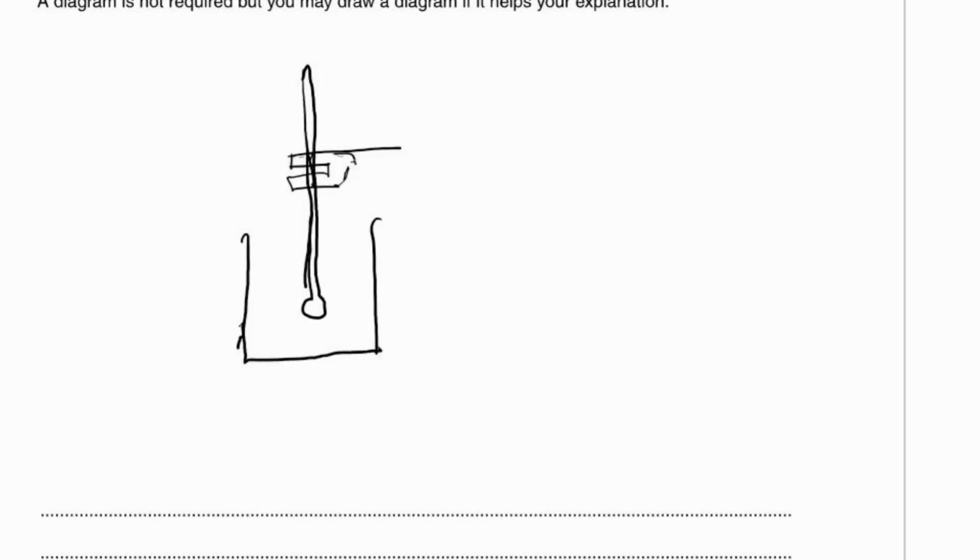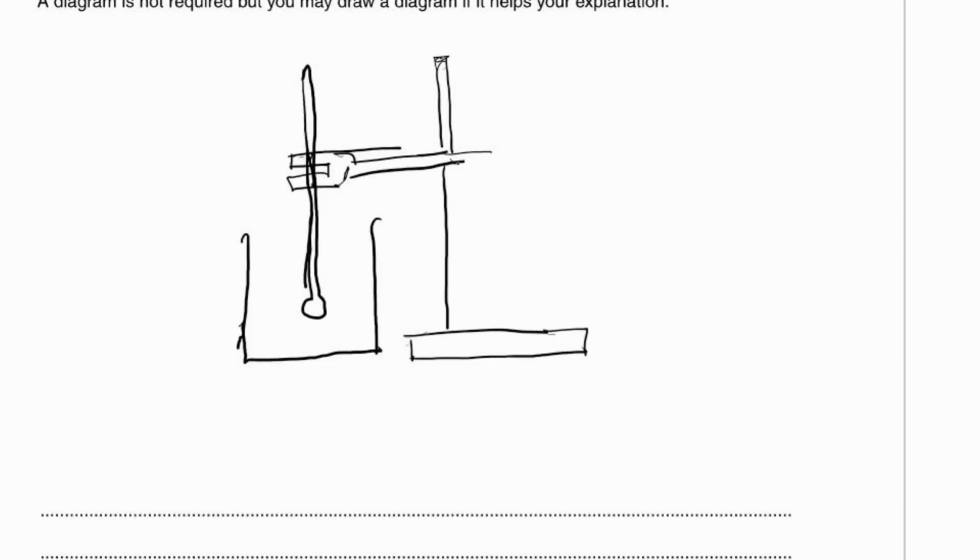And then my little clamp and boss. Doesn't have to be exact, doesn't have to be perfect. I'm not trying to win some kind of award here. Just has to be reasonably good. And I'm just going to straighten this up, just I guess because I can. If you're running short on time, don't worry about straightening it up.